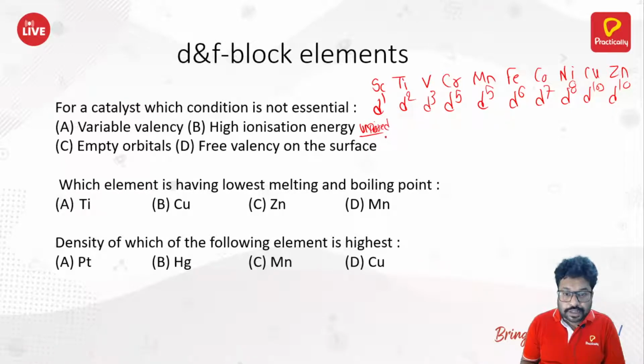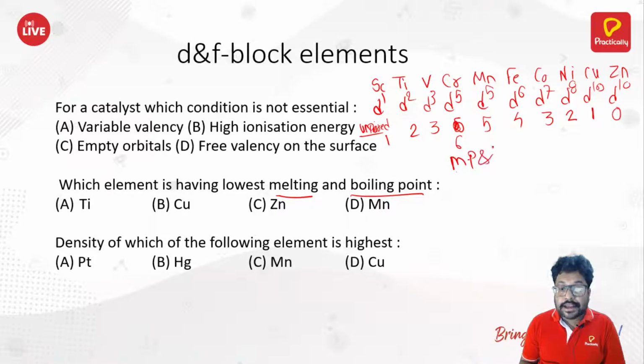Unpaired electrons: 1 for scandium, 2 for titanium, 3 for vanadium, and for chromium, not 5 actually, 6. 5 for manganese, 4 for iron, 3 for cobalt, 2 for nickel, 1 for copper, and 0 for zinc. Now remember the melting point and boiling point here. Your MP and your BP are directly proportional to the number of unpaired electrons.